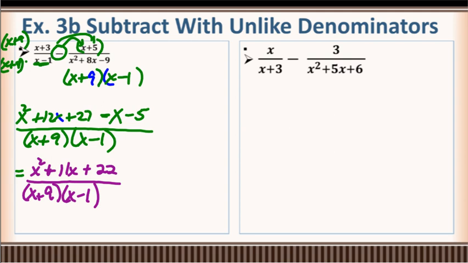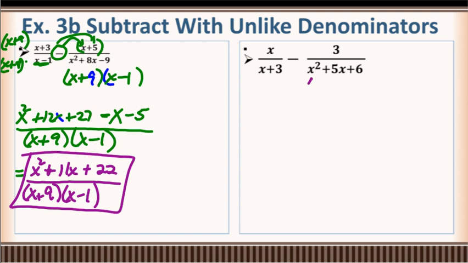Now I can try to figure out if I can factor that numerator any further. And that is in lowest terms because there's not a number I can multiply to get 22, but when I add those two numbers together give me 11. So this would stay as our answer.